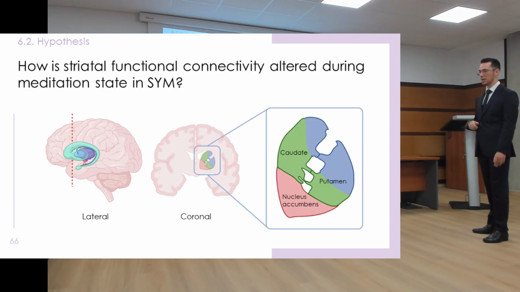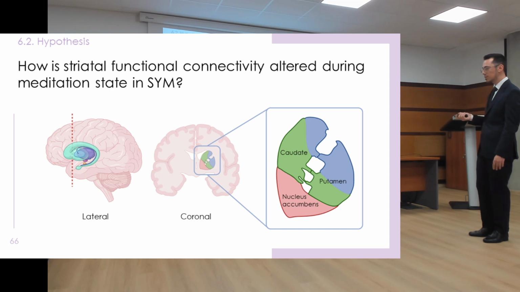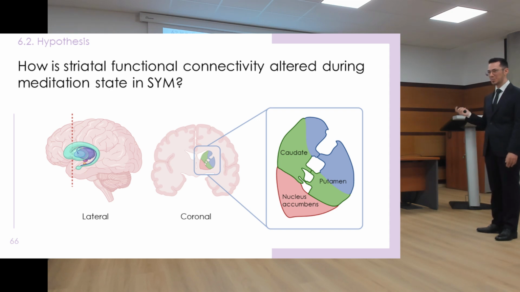So therefore, it can be observed that previous research has reported striatal alterations associated with meditation practices. However, this region has been usually absent from the theoretical proposals and models of the neural correlates of meditation.